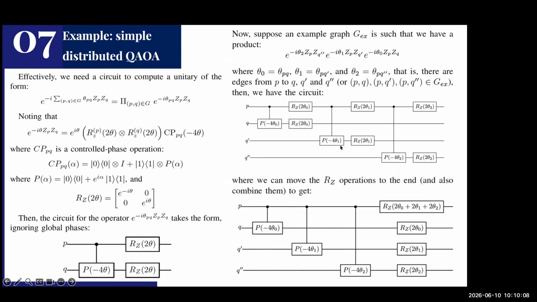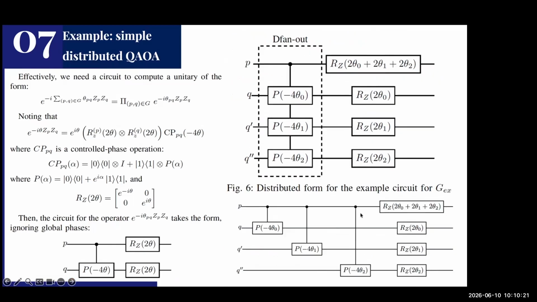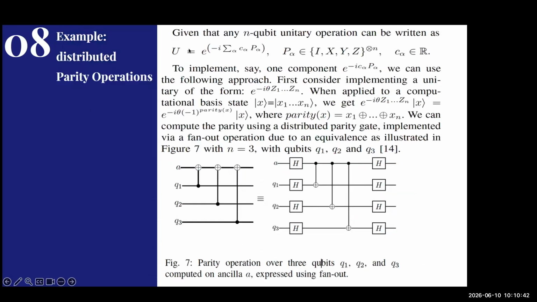Then you can move the outside operations to the end, and you can see this familiar pattern of a distributed fan-out operation. You can then implement this operation using this, as shown in this figure. So these 3 controlled phase operations become just one distributed fan-out operation, followed by all local operations. So pretty efficient. Here's another example, in parity operations.